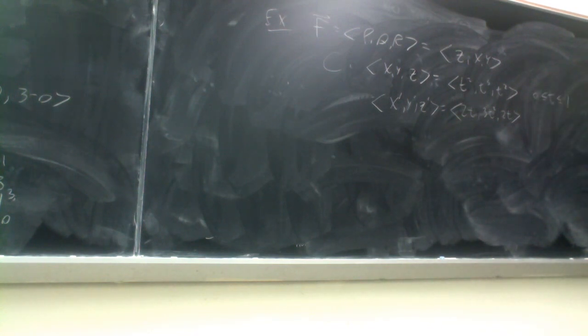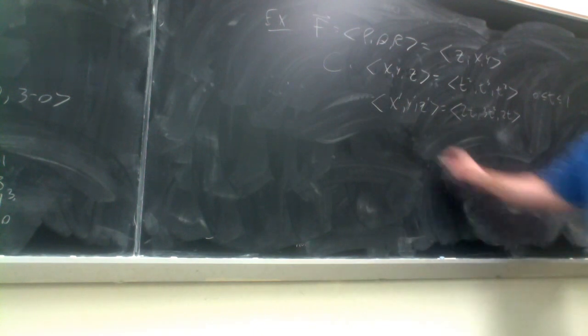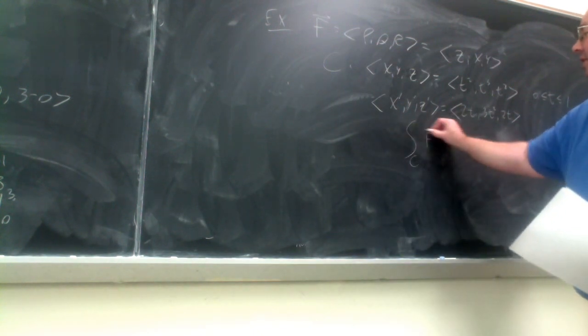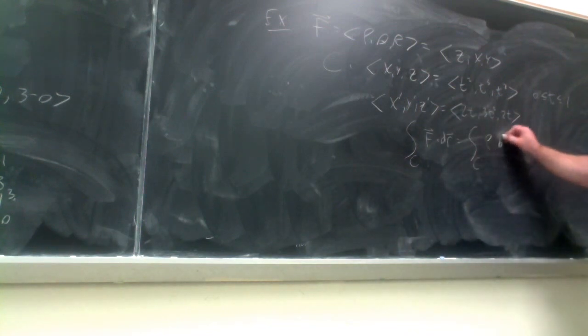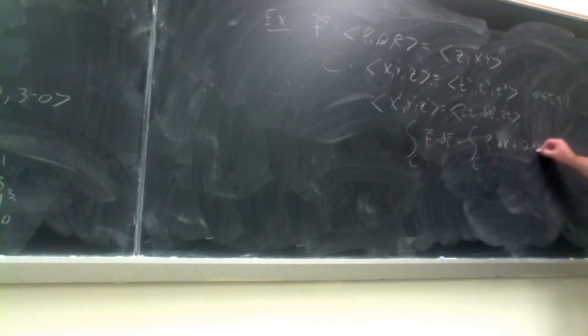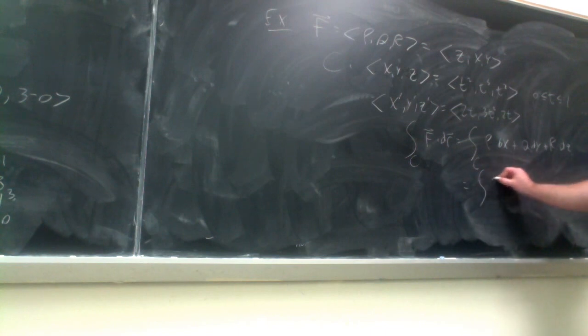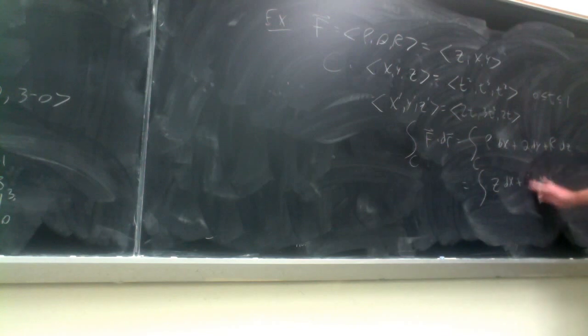So as far as your setup goes, the line integral over the curve C of F, which is the same as P dx plus Q dy plus R dz, which is the same as z dx plus x dy plus y dz. And now you have x, y, and z, and you have dx, dy, dz, just in terms of t, so just fill them all in.